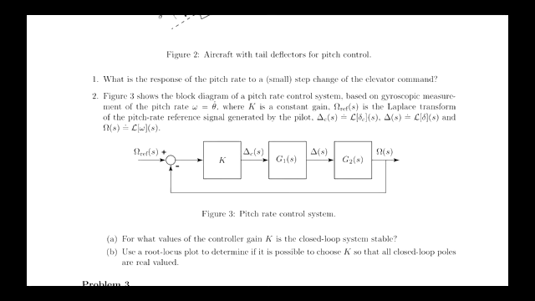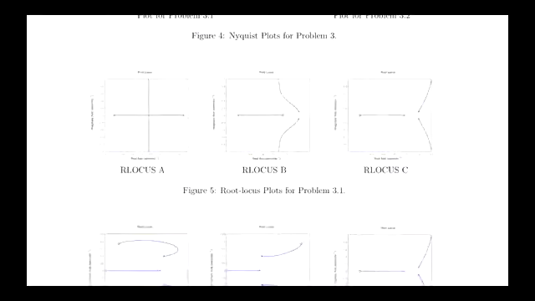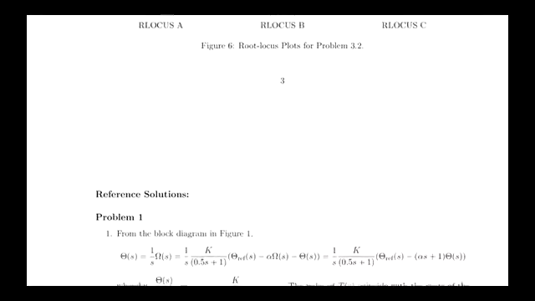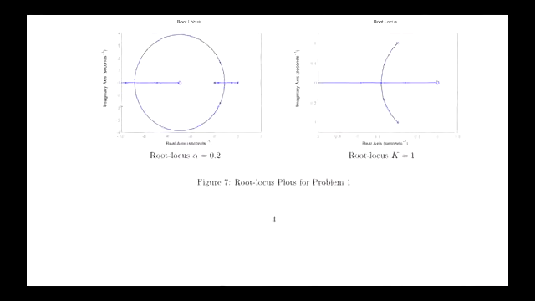If we can put all the closed loop poles on the real axis, so the imaginary part is 0, there will be no oscillations in the transient part of the response when we change the reference for the pitch rate. Okay? And it's suggesting that a root locus method be used to do that. All right? So let's go and look at the solutions.